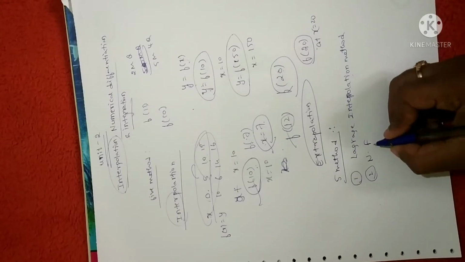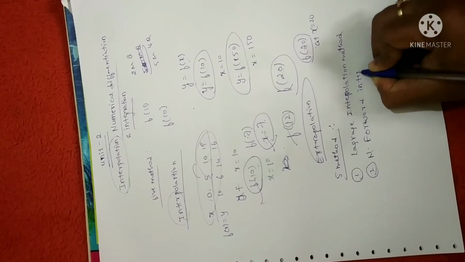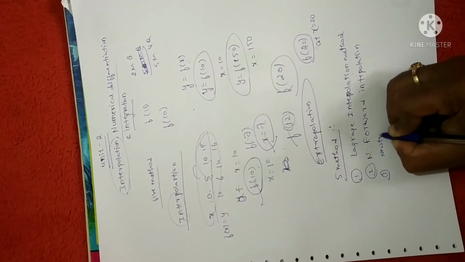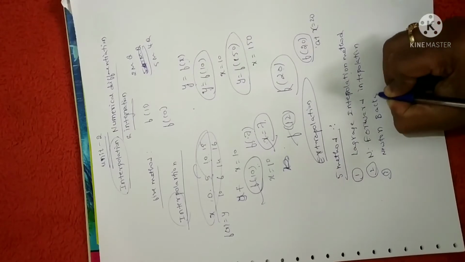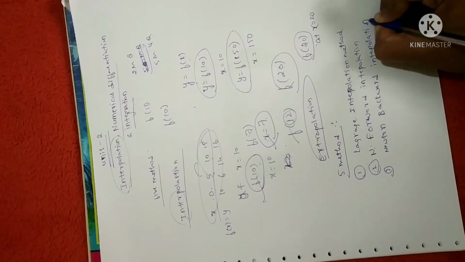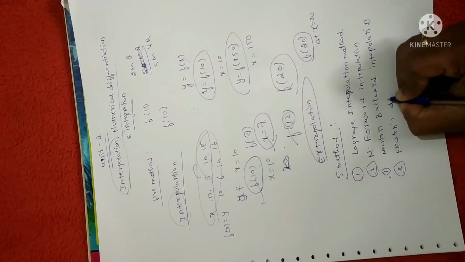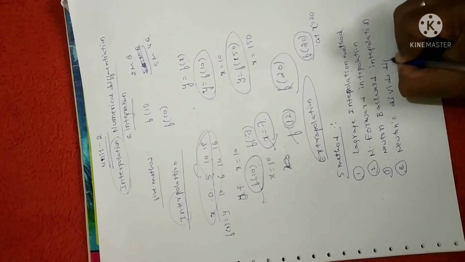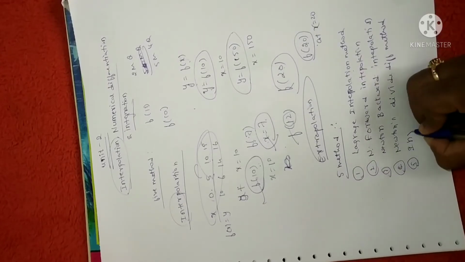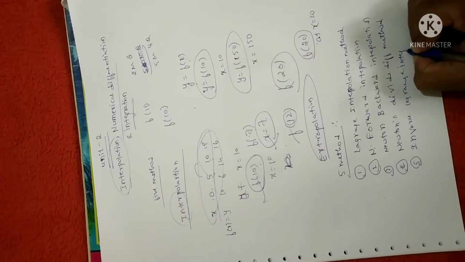So Lagrange interpolation method, Newton forward interpolation, third one is Newton backward interpolation, the fourth one is Newton's divided difference method, and the fifth one is inverse Lagrange interpolation.